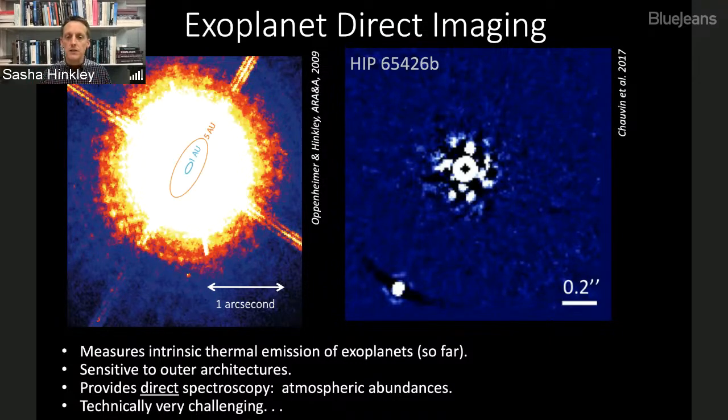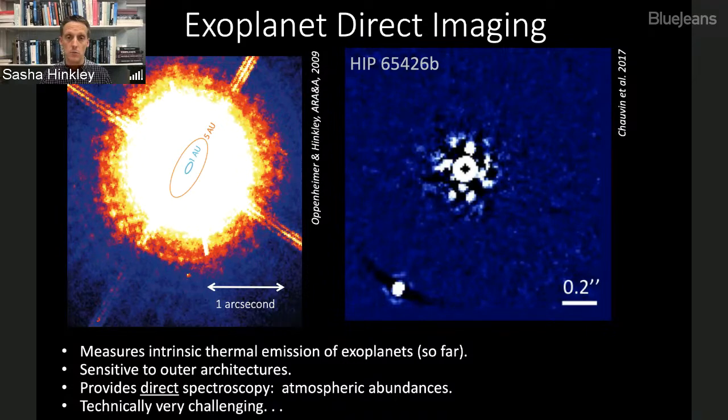The real advantage of collecting photons directly from the atmospheres of these planets is that we're sensitive to direct characterization through things like spectroscopy. This gives direct atmospheric abundances that we can measure, and that leads to all kinds of interesting questions. But it's technically very challenging, and we had to face these same challenges with JWST.